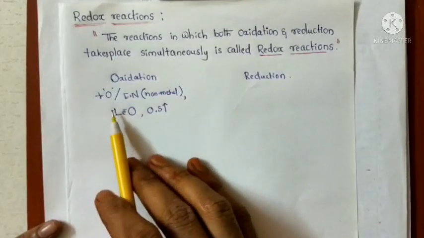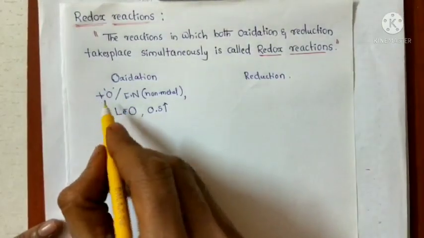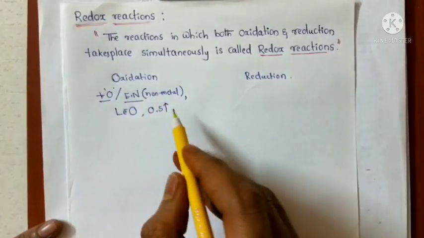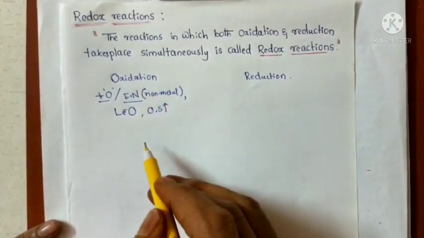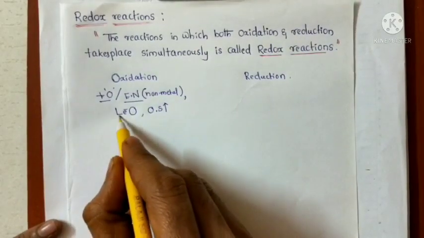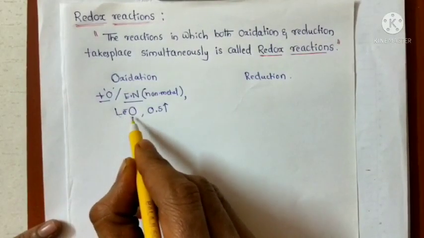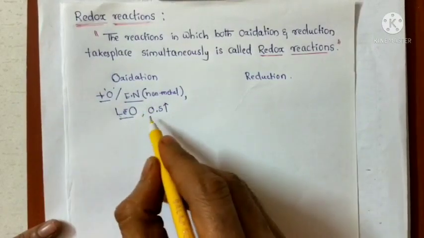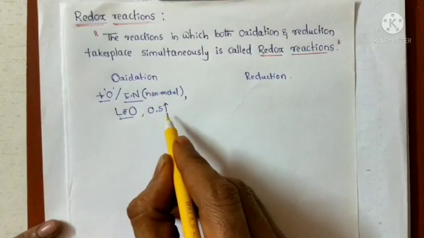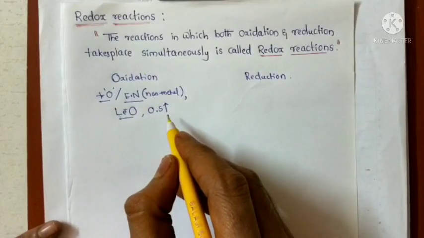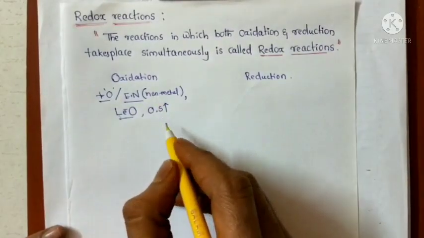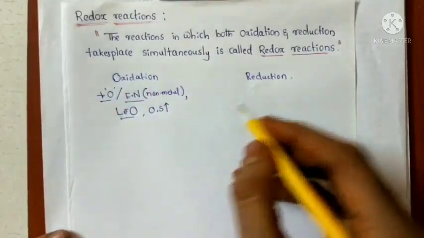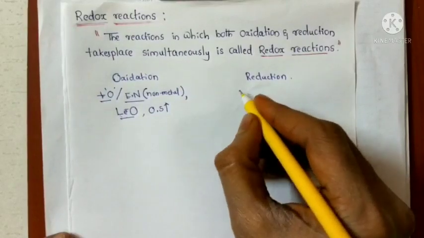So depending upon the terms, the first one is addition of oxygen or addition of an electronegative element. The third one is loss of electrons, which is called oxidation. And the fourth one is if the oxidation state increases in a substance, that substance undergoes oxidation. So this is opposite for redox reactions.